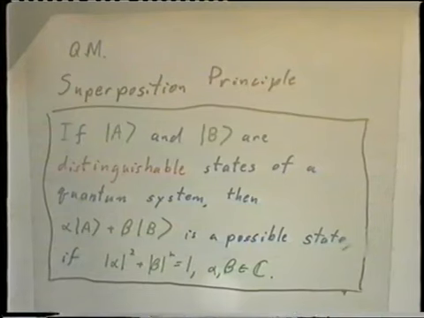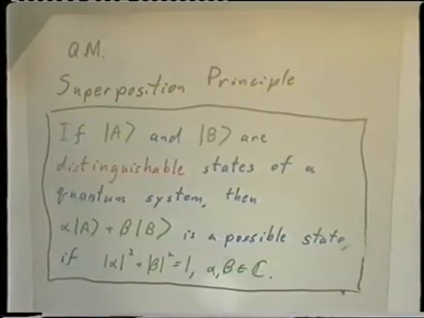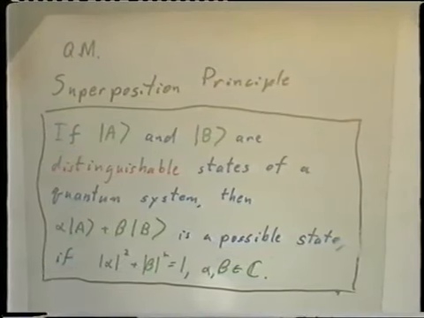So if you have A and B, which are distinguishable through some kind of experiment, consider the state alpha A plus beta B, where the absolute value of alpha squared plus the absolute value of beta squared equals 1. And if you're in this state and you try to distinguish between A and B, you'll see A with probability absolute value of alpha squared.